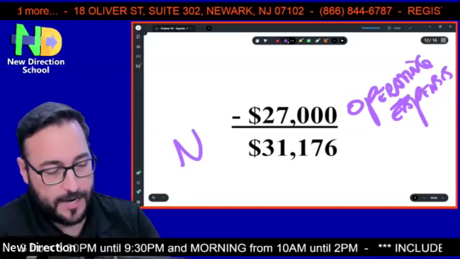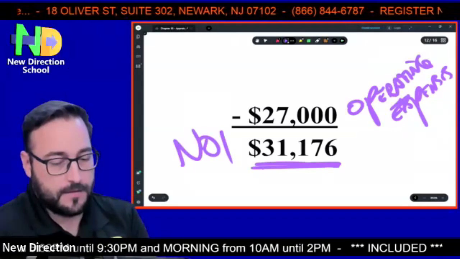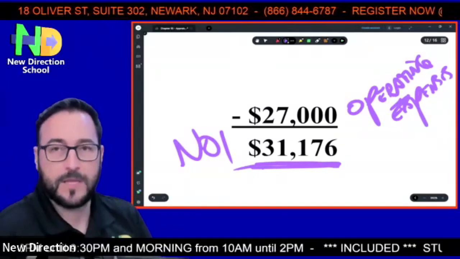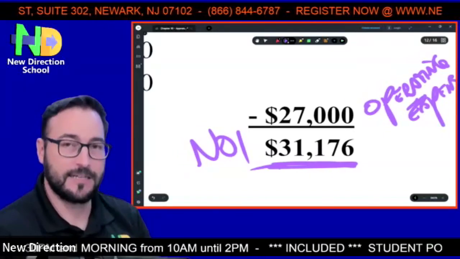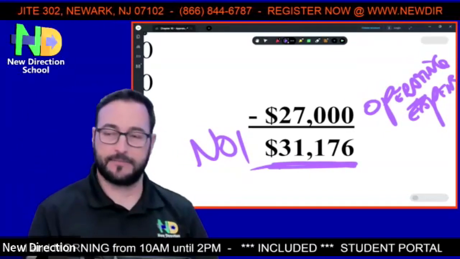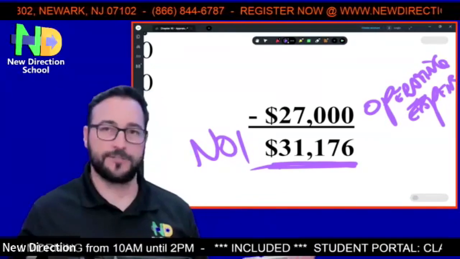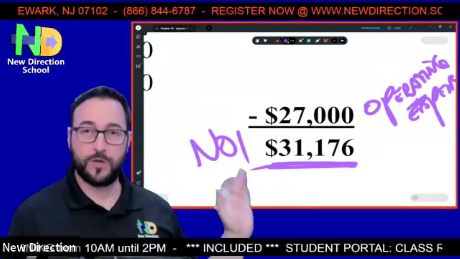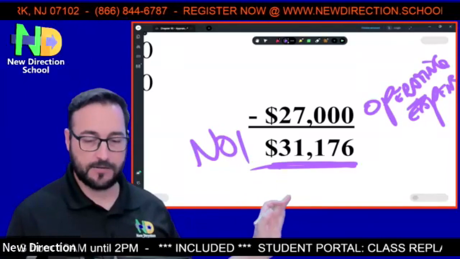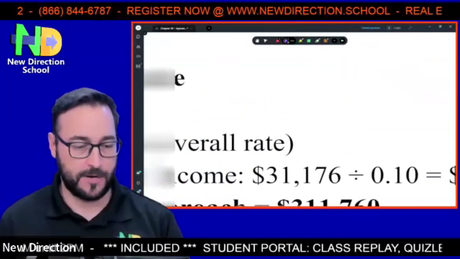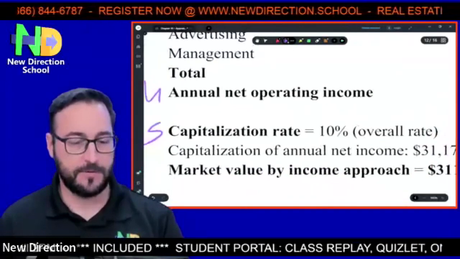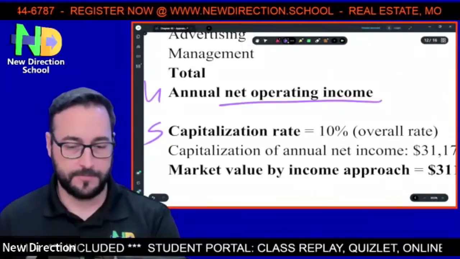What's my NOI? Which is 31,176. This is the clean money that I get if I have no mortgage. We don't account for the mortgage in this calculation. That's my NOI, and that's the number that's most important.